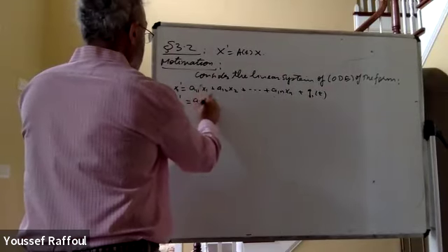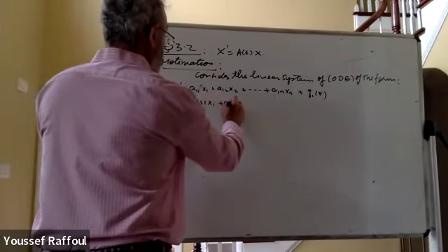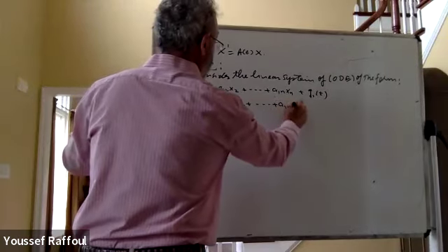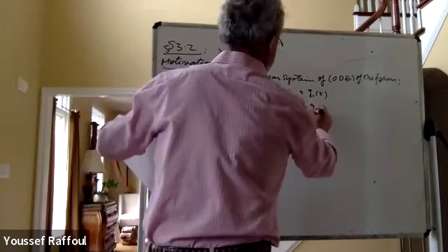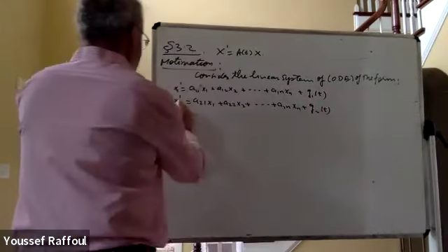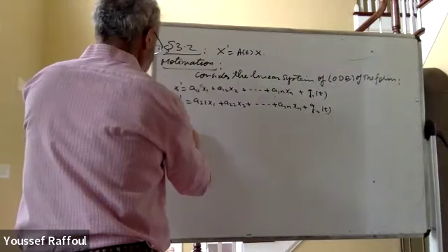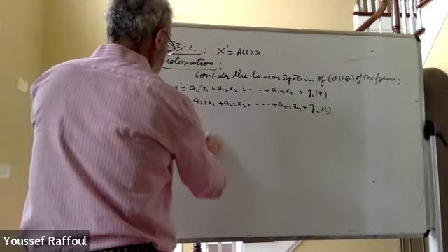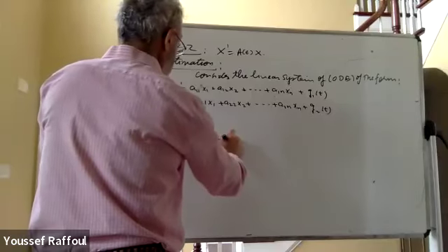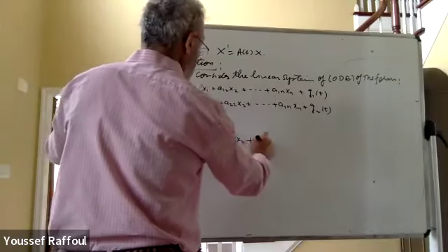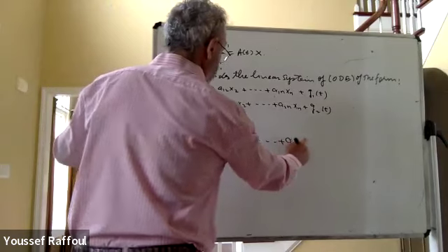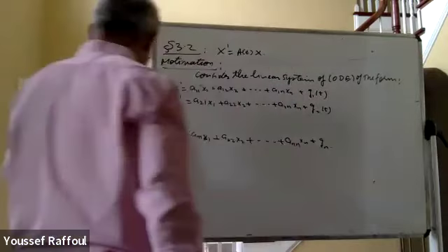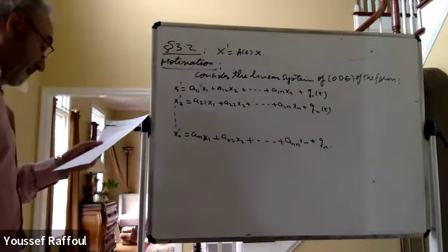And it's the same thing. x2 prime is a21 x1 plus a22 x2 plus a2n xn plus g2 of t, down to xn prime equal to an1 x1 plus an2 x2 plus ann xn plus gn. Okay?